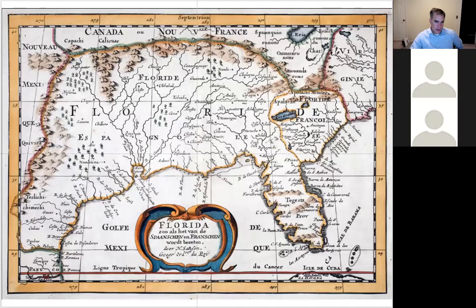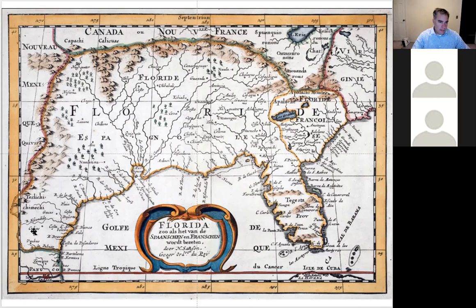Now here's a much later map, 1705. Well, not much later, 1705, and it's a map by a Dutch cartographer. It's actually a copy of a Spanish map, and you'll notice that all of Florida is shown to be basically the north half of the Gulf of Mexico, that area tributary to the Gulf of Mexico.